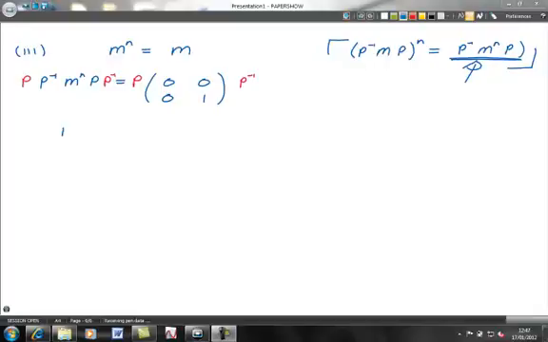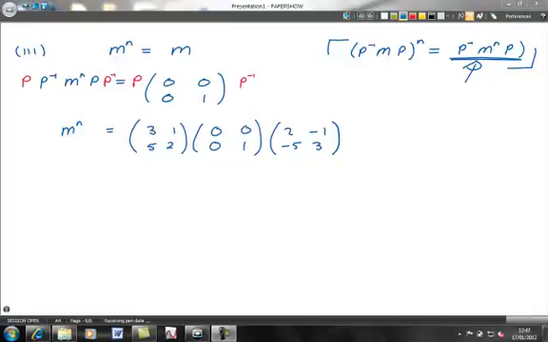So you'll get M to the n is equal to, well, my value for P is 3, 1, 5, 2. You'll multiply that by 0, 0, 0, 1, and you'll multiply that then by P inverse, which you calculated much earlier on, 2, minus 1, minus 5, 3.